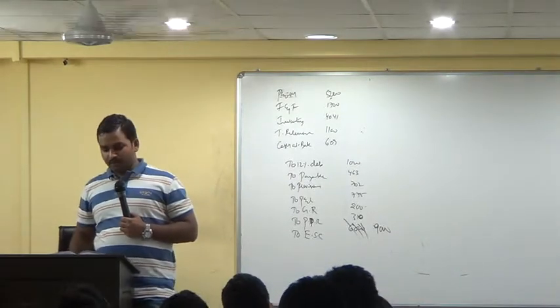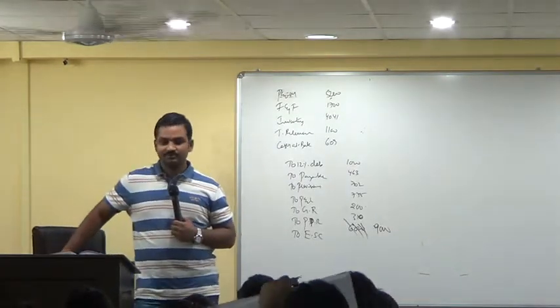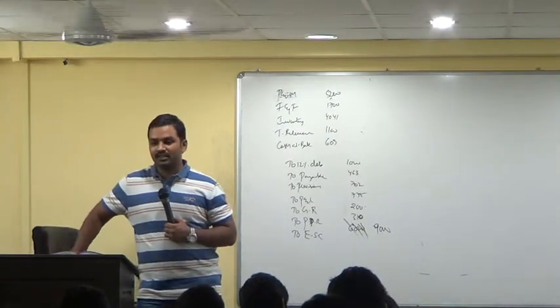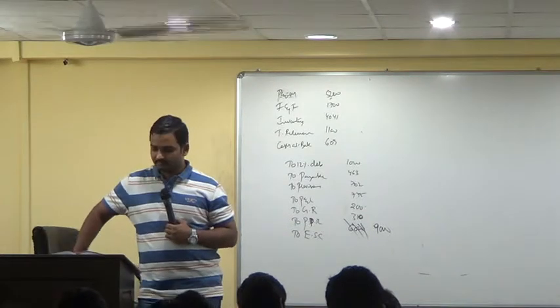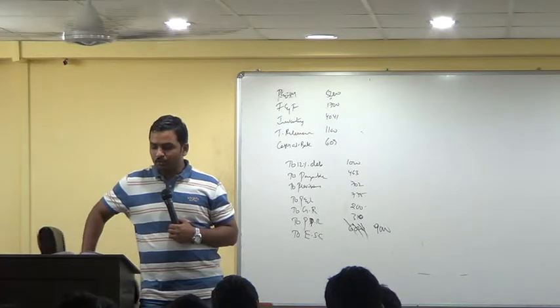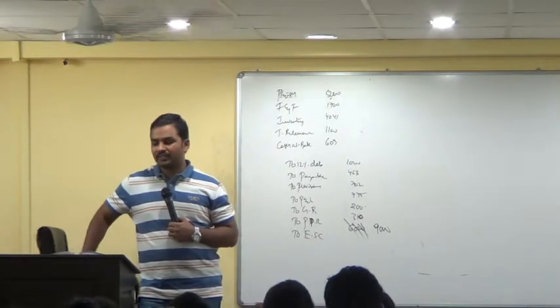Next, to export profit reserve 1 lakh. To investment allowance reserve 50,000. To profit and loss account 1,25,000.